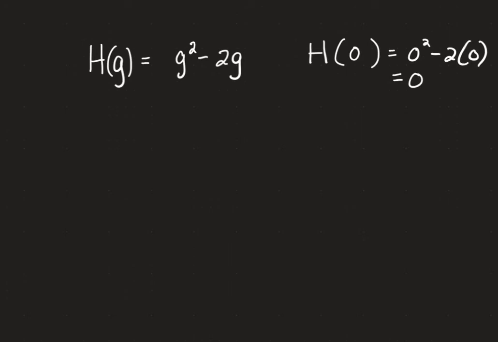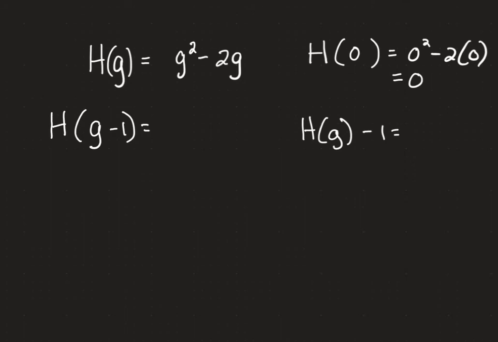All right, let's do something a little different. Let's compare two things. Let's compare the function h of g minus 1. Let's figure out what that is equal to, and let's compare that to h of g, minus 1.